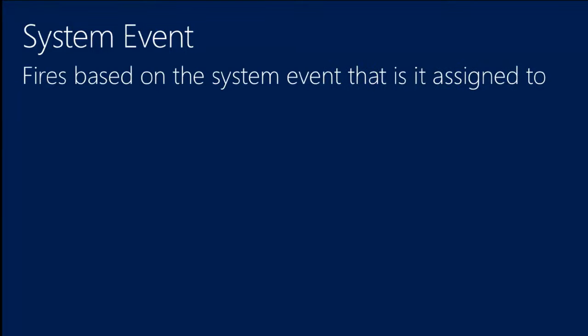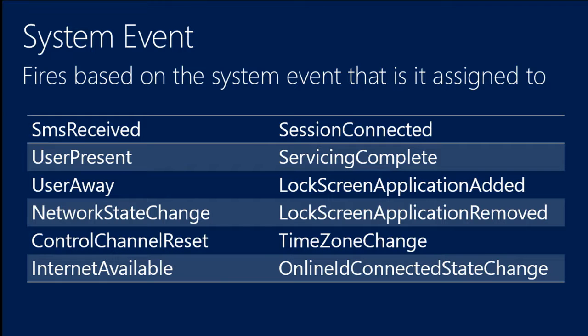The last one is a system event. The trigger fires off of some event that's happening in the system. There's a dozen different events that get fired, and out of these, you can see there are several that are required to be on the lock screen. But by taking a quick look at them, you can start to see that there is a lot of potential here.